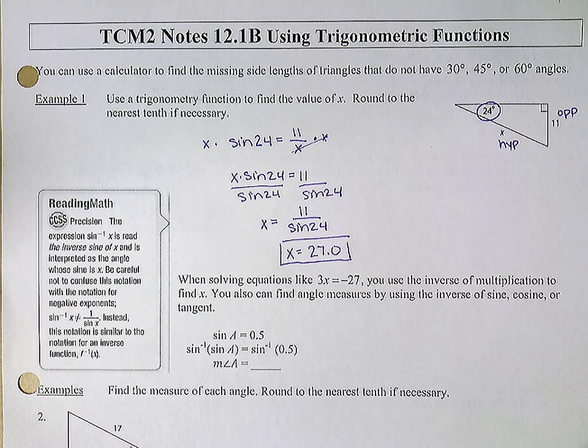Okay, if you were using your phone, you're going to have to enter it differently. You won't get 27 if you do it that way. Okay, so if you're using your phone or a different type of calculator, see if I have one here. I think this one does that. Yeah.